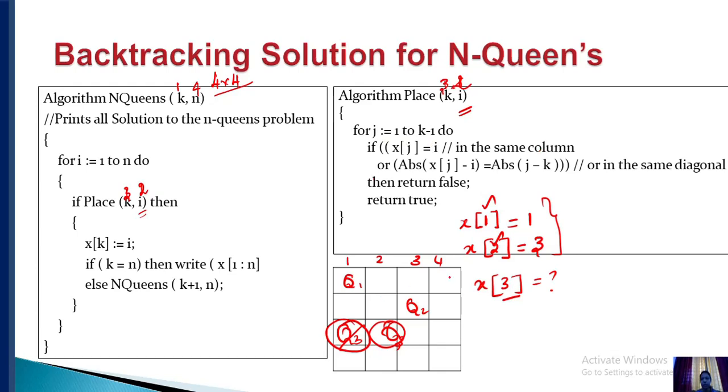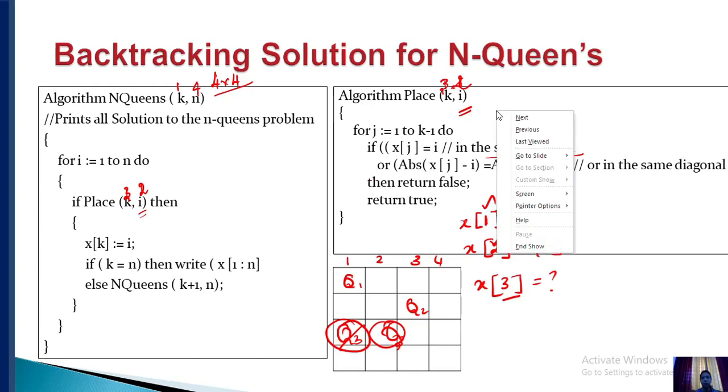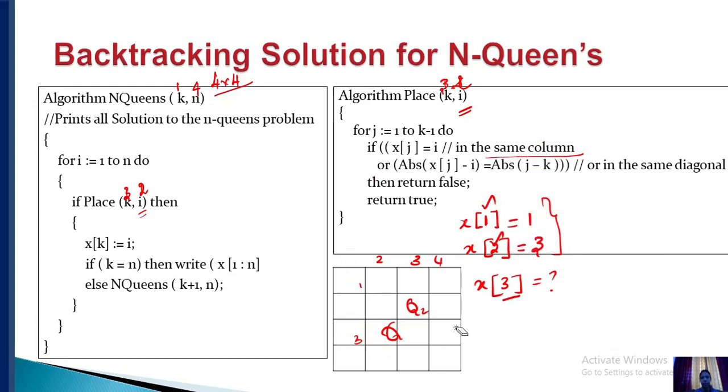So this condition will check whether any other queens are available in the same particular column. Okay, so this is the condition for checking whether, vertically, any other queens are available in the vertical position. Now we have to check whether there is any clash diagonally, right? So that is what we are going to see.